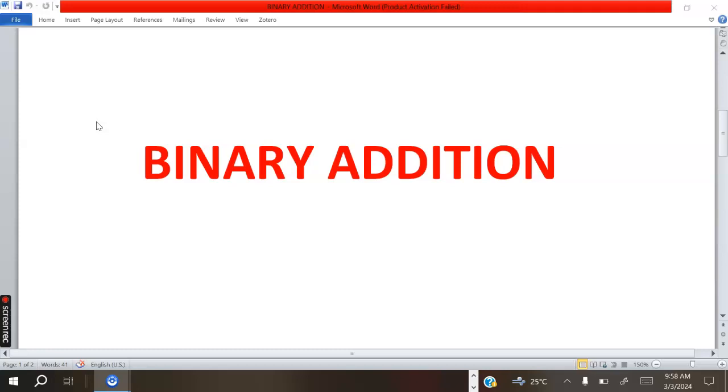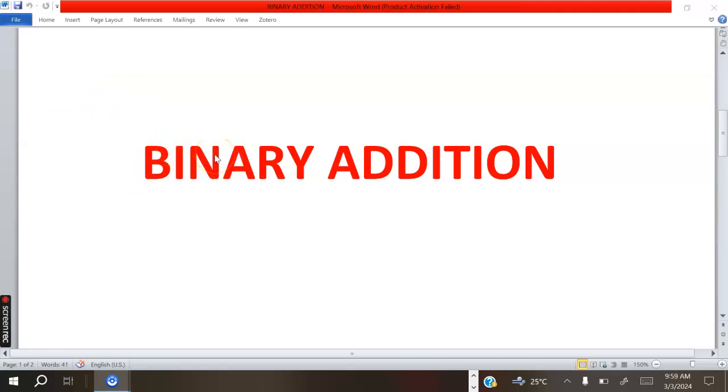We had also looked at decimal fraction to binary number using either the place value method or the long division method. We had also done the decimal to binary conversion. So in this particular video, we are going to look at binary addition.